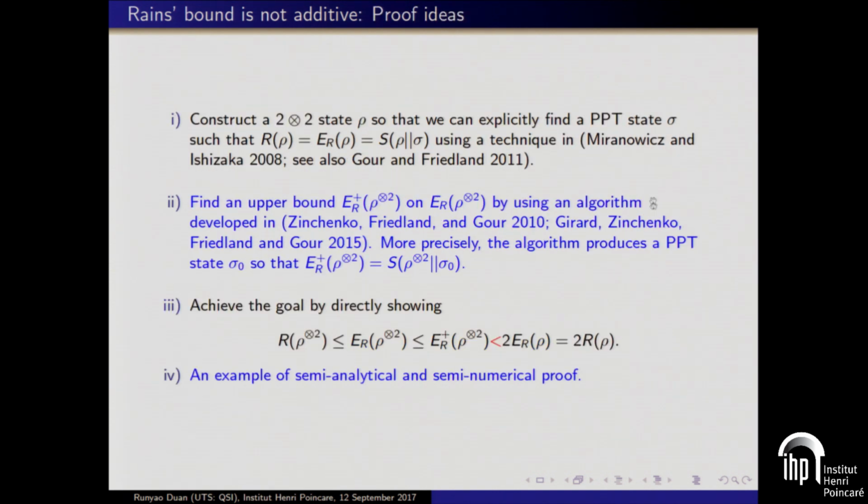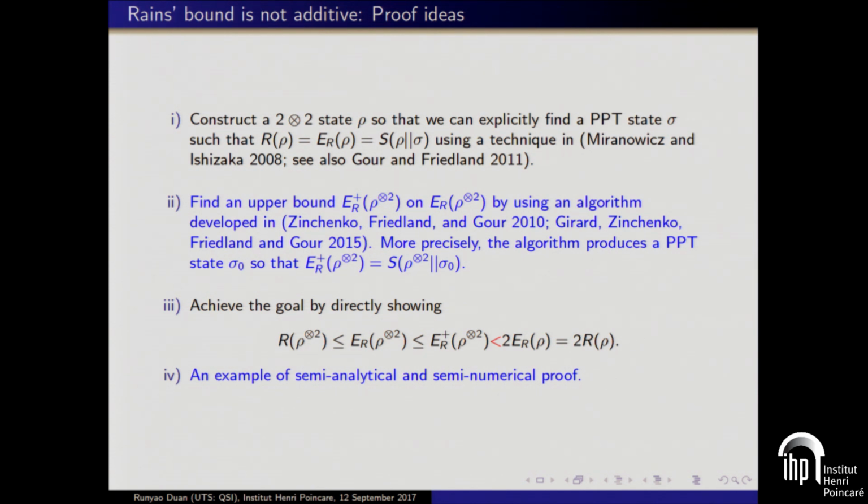So I will just outline the proof ideas. What we do is, for a 2×2 state, we can explicitly construct a PPT state such that this risk bound and this relative entropy are all equal to the relative entropy between rho and sigma.